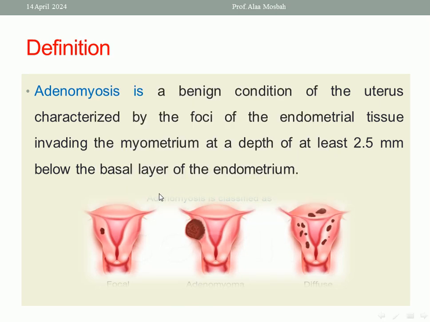So this is the definition of adenomyosis. The presence of endometrial gland and stroma beyond the depth of at least 2.5 millimeter below the basal layer of the endometrium is considered adenomyosis.